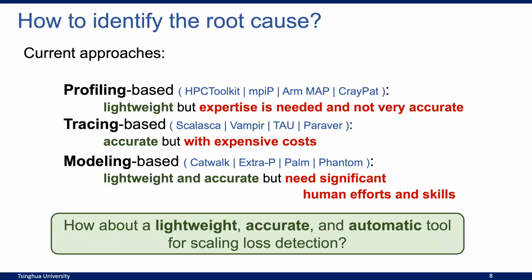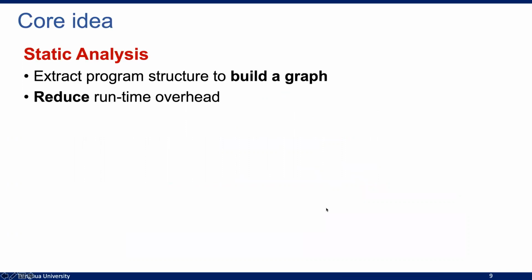So we propose ScalAna, a lightweight, accurate, automatic tool for scaling loss detection. There are two core ideas in ScalAna. The first one is that we leverage static analysis to extract program structure and then build a graph.